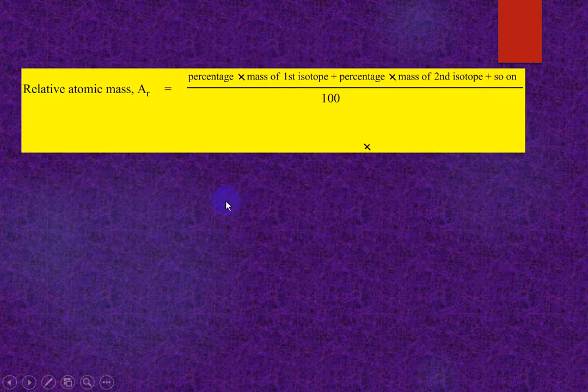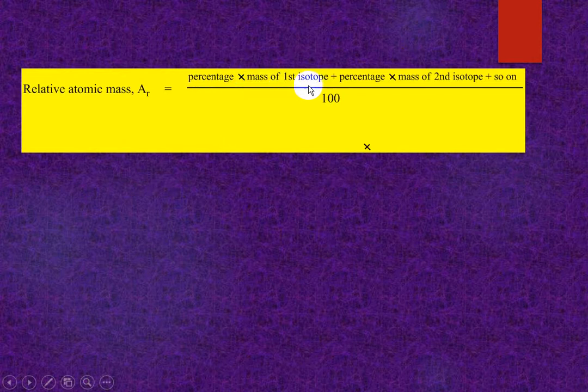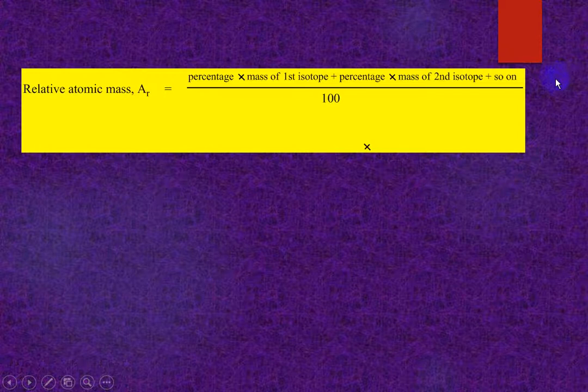How can we calculate it? We multiply the percentage by the mass of the first isotope, plus the percentage times the mass of the second isotope, and so on. If there are three isotopes, we do the same with the third. If four isotopes are given, we add the percentage times the mass of the fourth isotope, and so on.